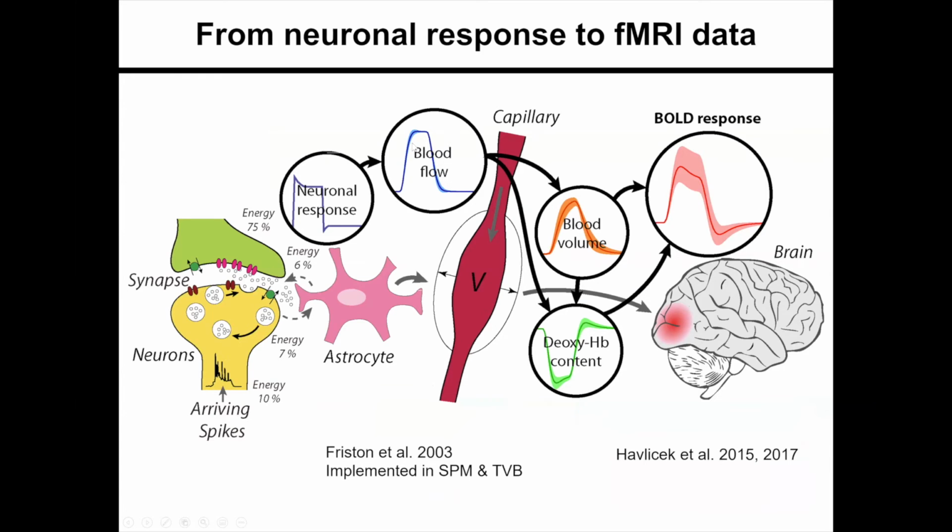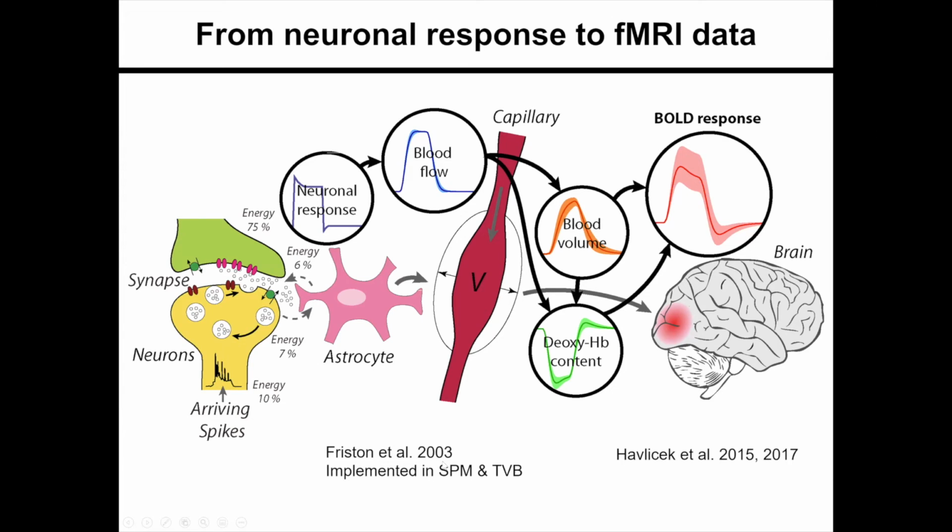And via complex hemodynamics, we are obtaining changes in blood volume and deoxygenated hemoglobin. Because deoxygenated hemoglobin is paramagnetic, we are measuring this as changes of the fMRI signal called the BOLD response. Interestingly, most computational neuroscientists ignore the fact that fMRI is actually only an indirect reflection of neuroactivity.